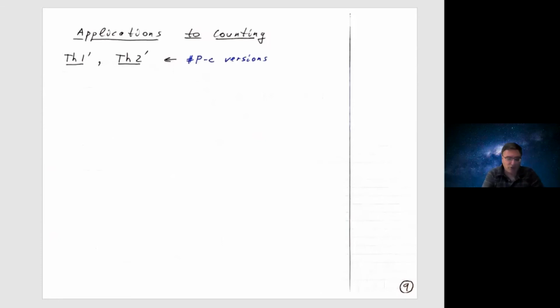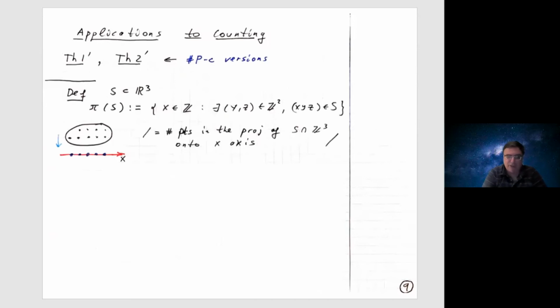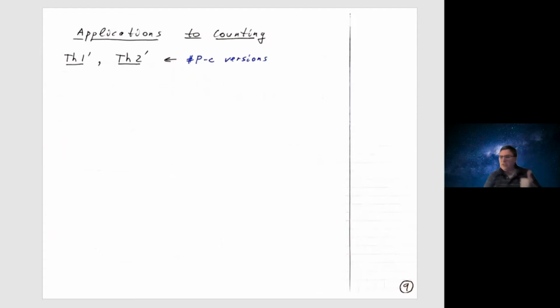That's an application to counting, and that's my first application. My second application has to do with counting projections. Everyone clear about this? The first application? Any questions here? Okay.